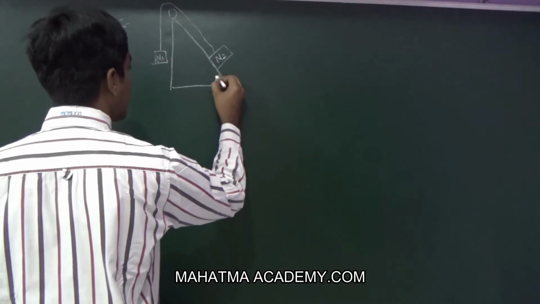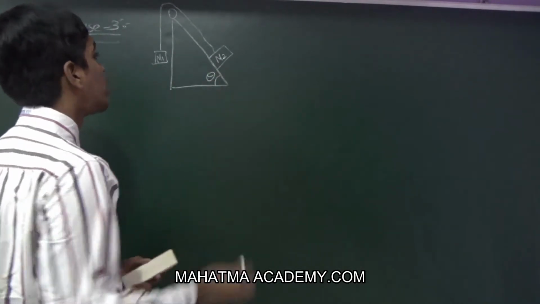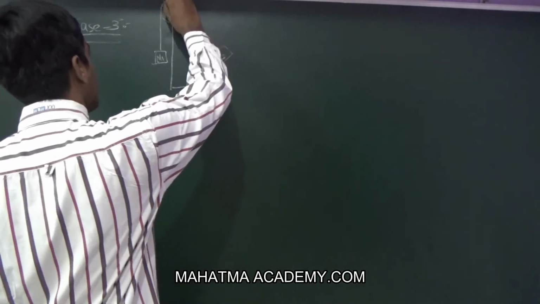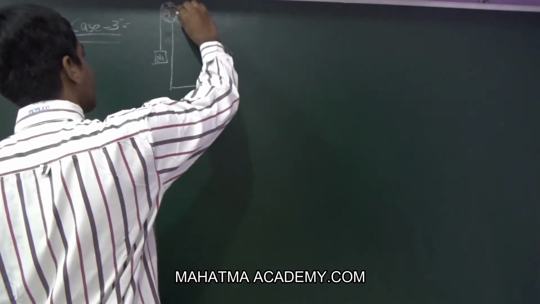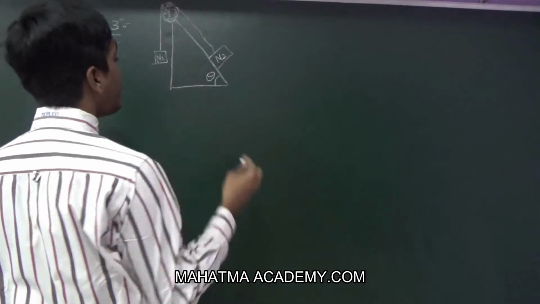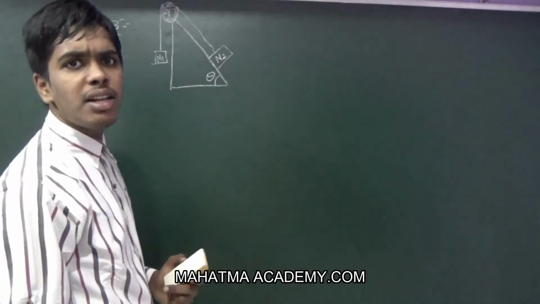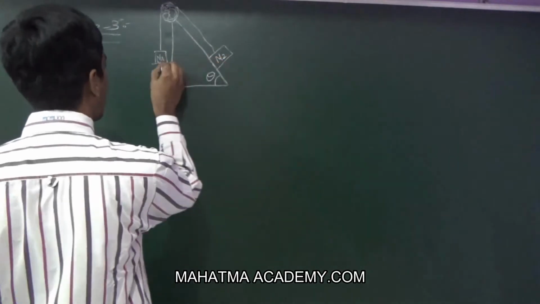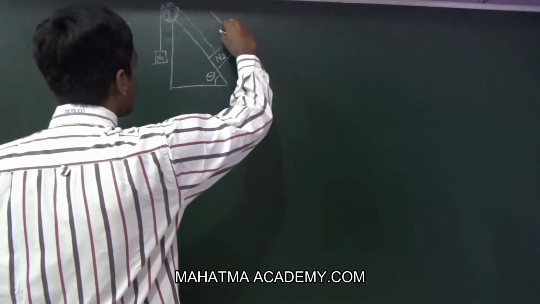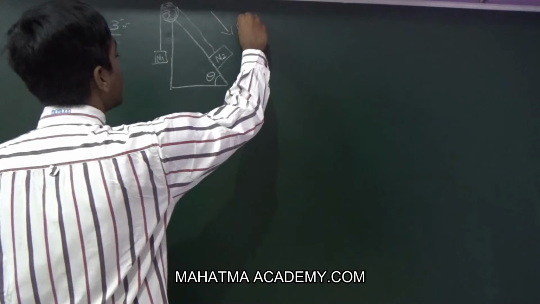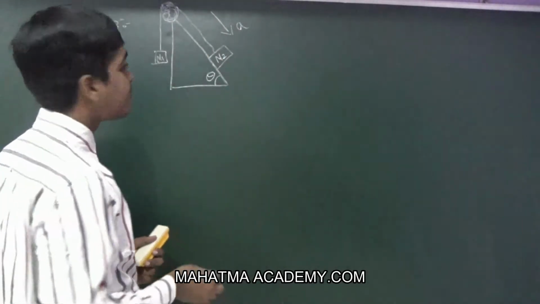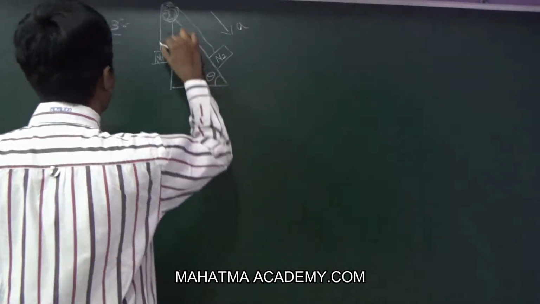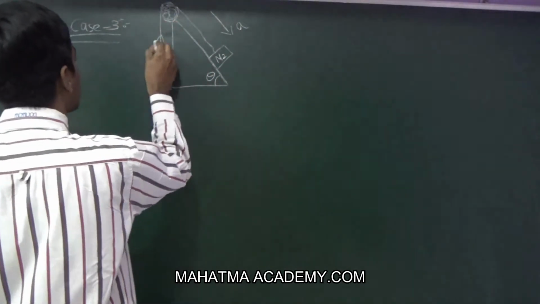Here it is making an angle. Now if we write the free body diagram, the body is moving downwards with acceleration a, and the other body moves upwards.